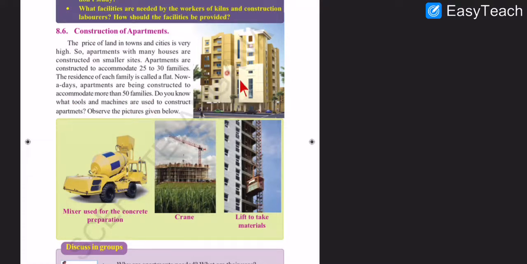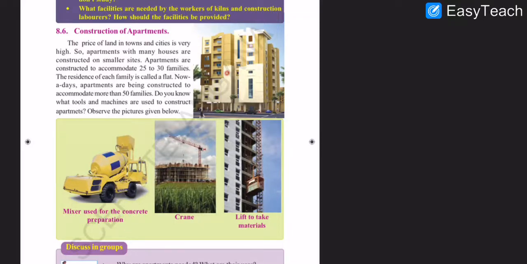You can see these are found in cities and towns. So these are apartments. So the mixer is used for concrete preparation. This machine is used to prepare concrete.